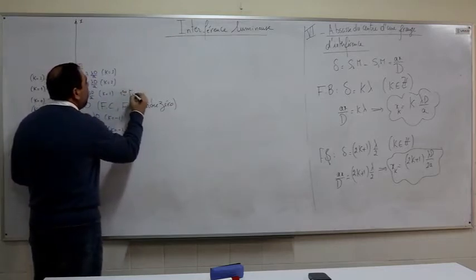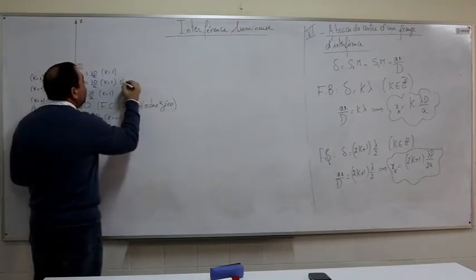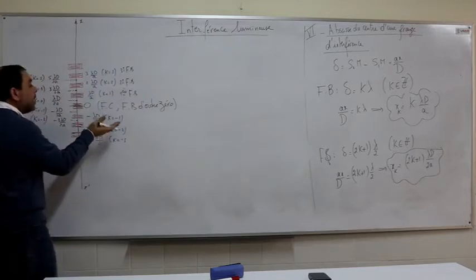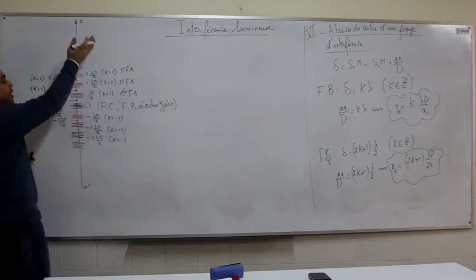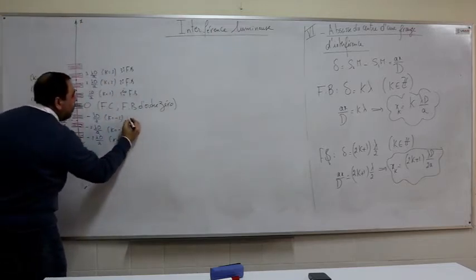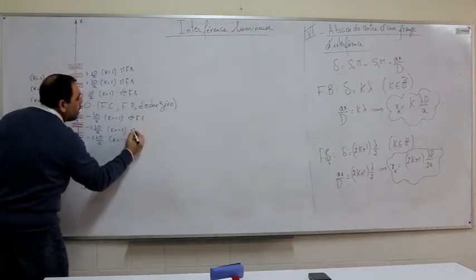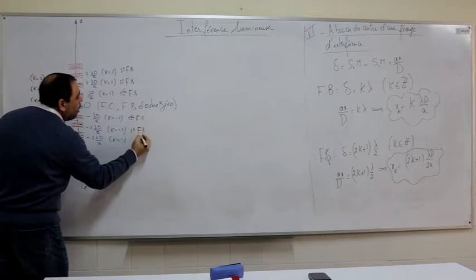This is called the first bright fringe. This the second bright fringe, and this the third bright fringe. These fringes are from the positive side. From the negative side, this is the first bright fringe as well. This is the second bright fringe, and so on.